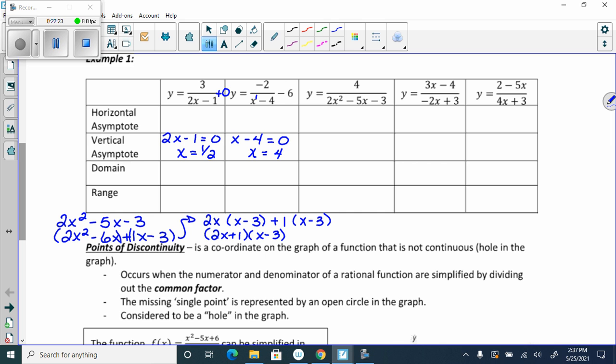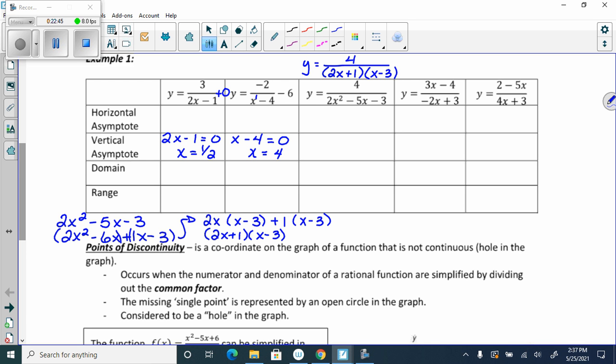So this is the same as y equals 4 over 2x plus 1 and x minus 3. Now, do either of those cancel off in the numerator? Is there either of those in the numerator? Nope. So I'm going to end up getting 2 vertical asymptotes.